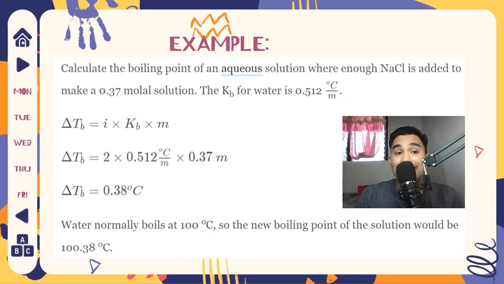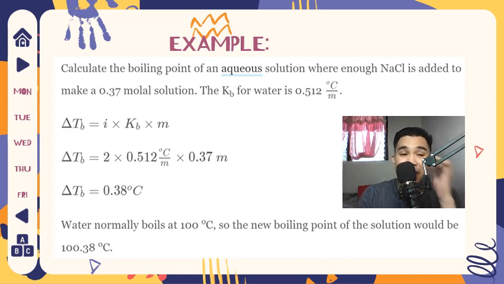So here is an example. Let us try to calculate the boiling point of an aqueous solution where enough sodium chloride is added to make a 0.37 molal solution. The K sub B for water is 0.512 degrees Celsius per mole. So here's the formula: the change in T sub B is equal to i times K sub B times m.